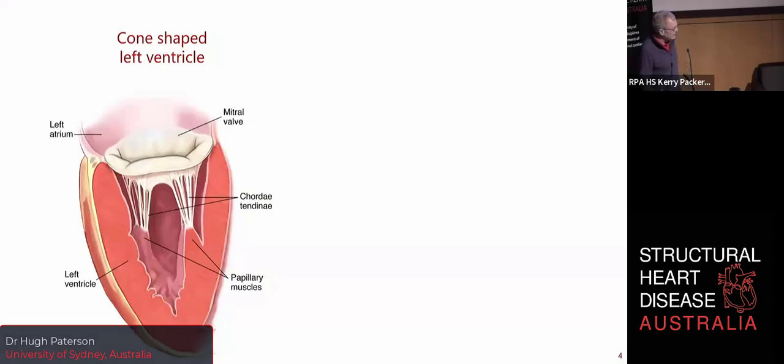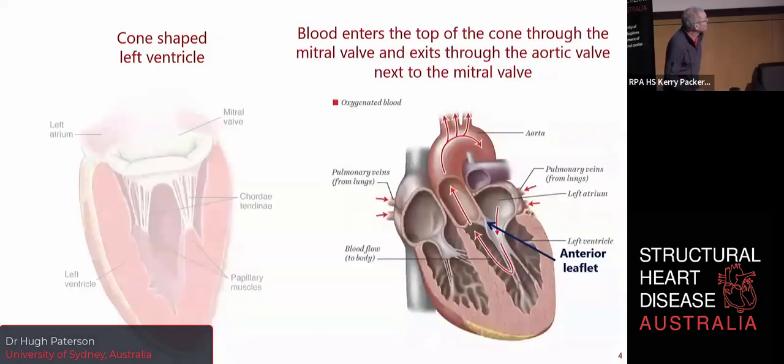The ventricles evolved over millions of years, and we have to assume that everything has a purpose. The blood flows into the ventricle through the mitral valve, around the apex and out again through the aortic valve.